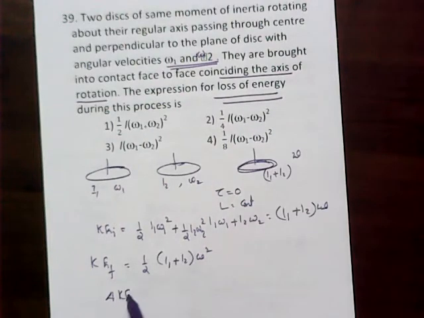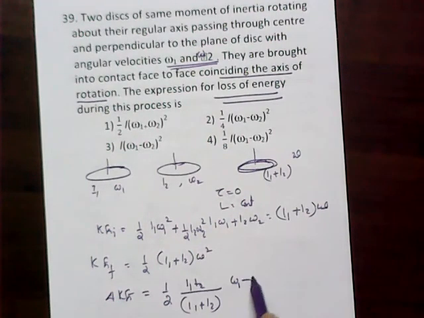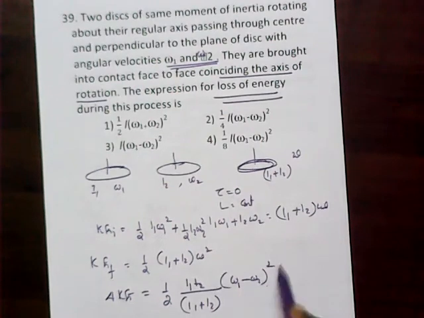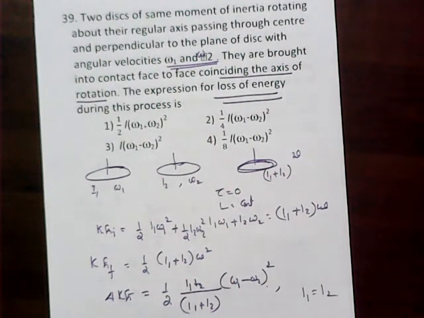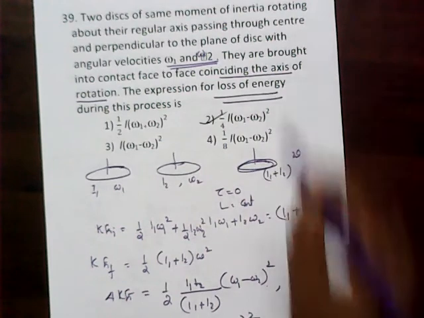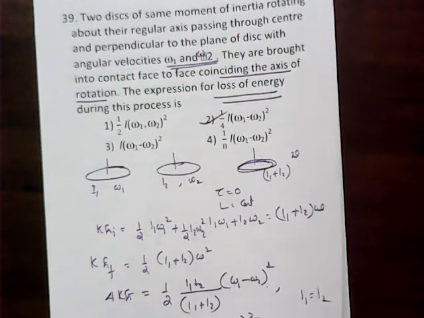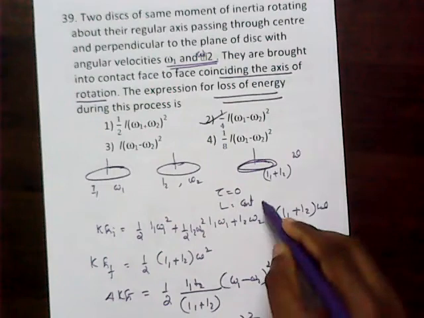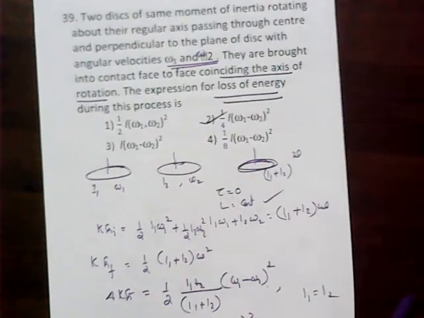If we take the values, you get the answer as half I1 I2 by I1 plus I2 into omega 1 minus omega 2 the whole square. But in this question, it is given I1 equal to I2, and you get the value equal to 1 by 4 I into omega 1 minus omega 2 square. So you get the answer as 2. It is a good question, an application of conservation of angular momentum.